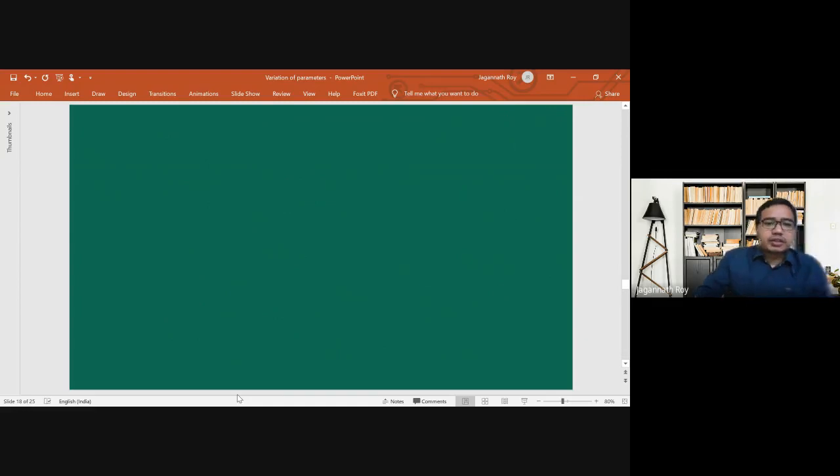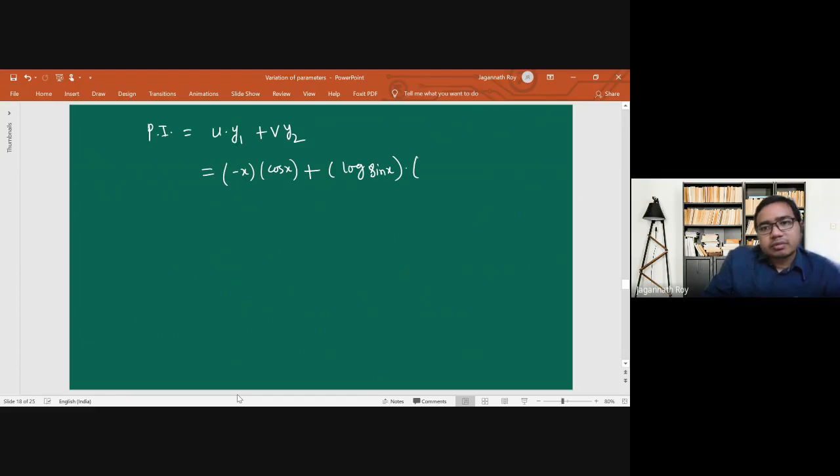So we can write the solution now. The particular integral will be u times y1 plus v times y2. This is nothing but u is minus x, y1 is cos x, plus v is log of sin x, and y2 is sin x.